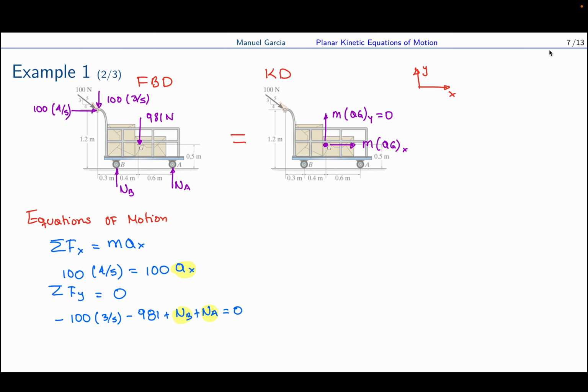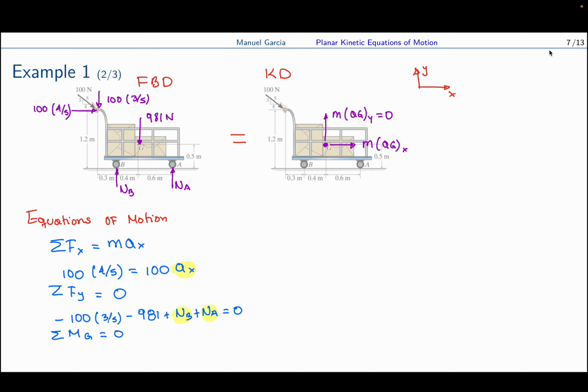So the third equation will be the sum of the moments about the center of mass, and because it's not rotating, that should be equal to 0. So what do we have?